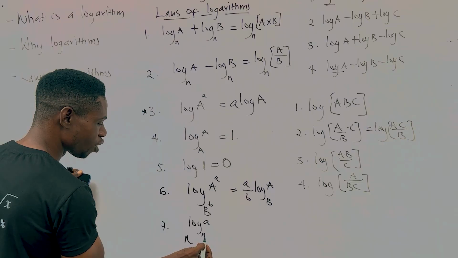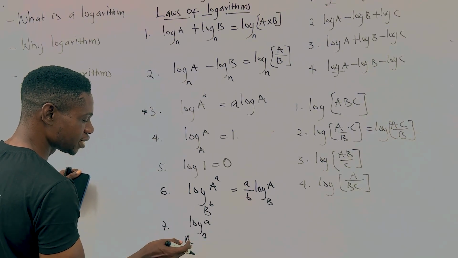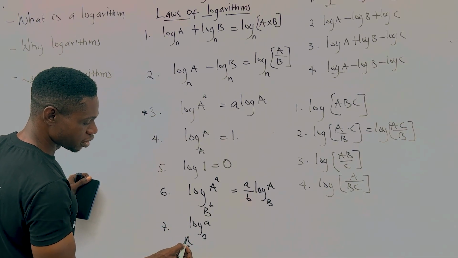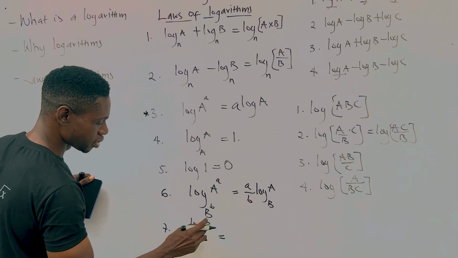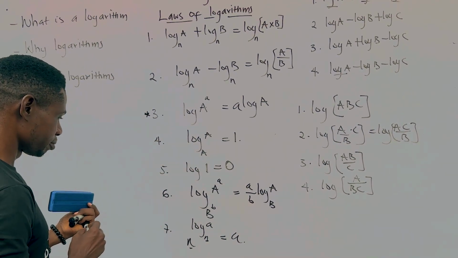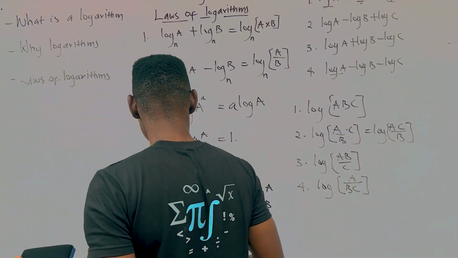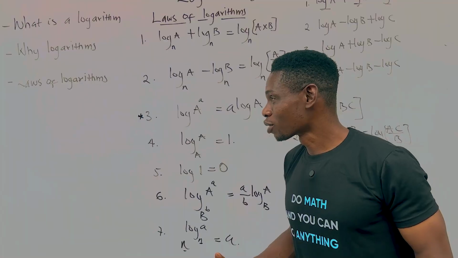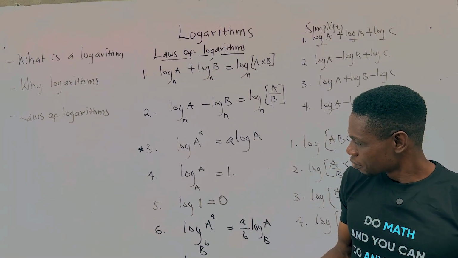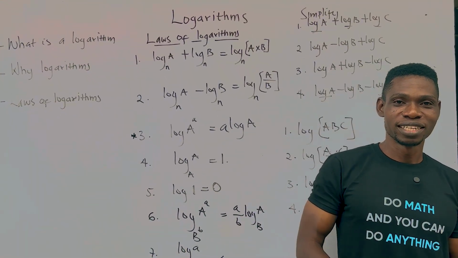Now, if the base of that log, which is the power of n, is the same as the number raising the log, as the base of the log and the number are the same, your answer is equal to the argument of the logarithm. Okay, so these are 7 laws that would help us to solve problems easily. If there's any other one I'm missing, I'll add it in the course of our solving problems.